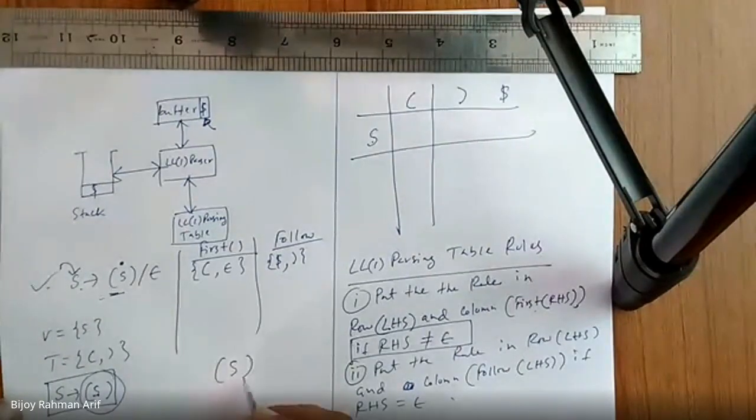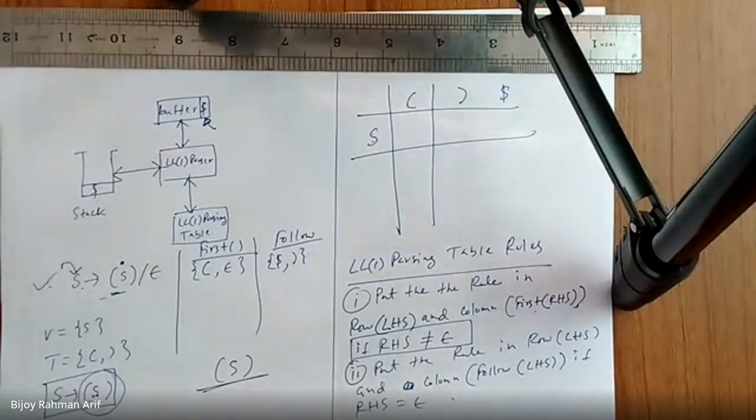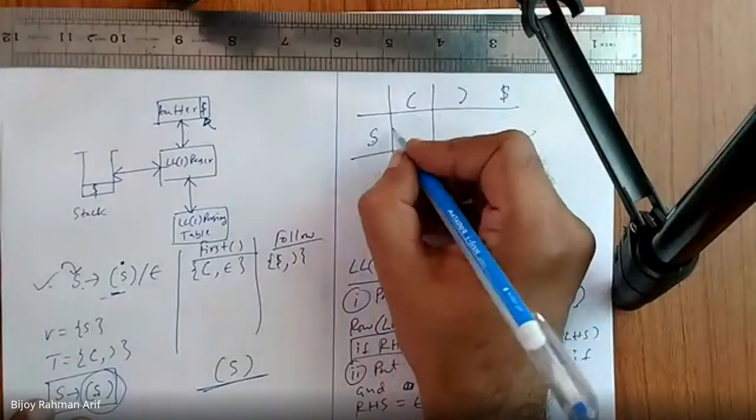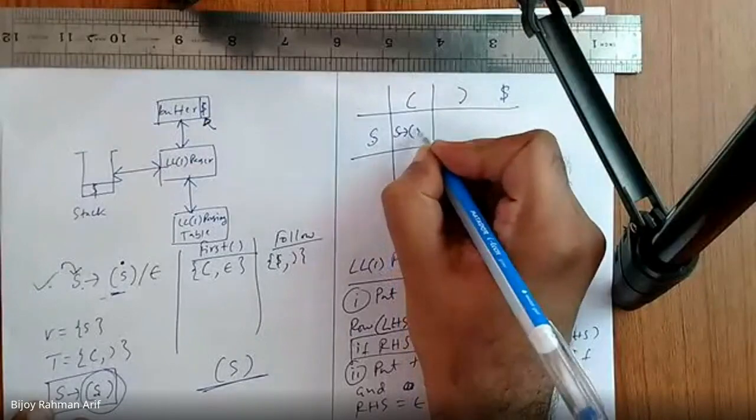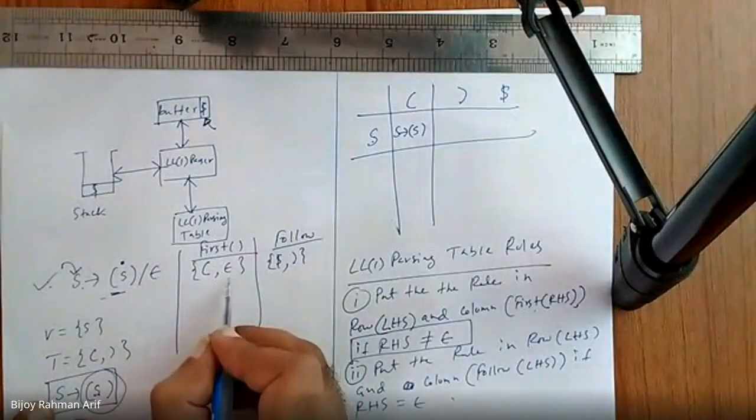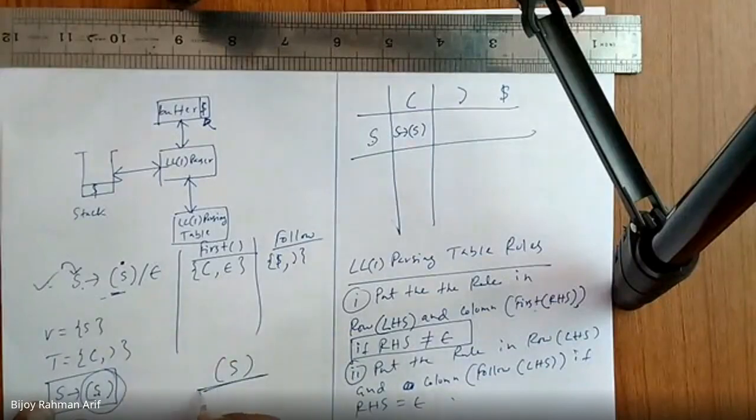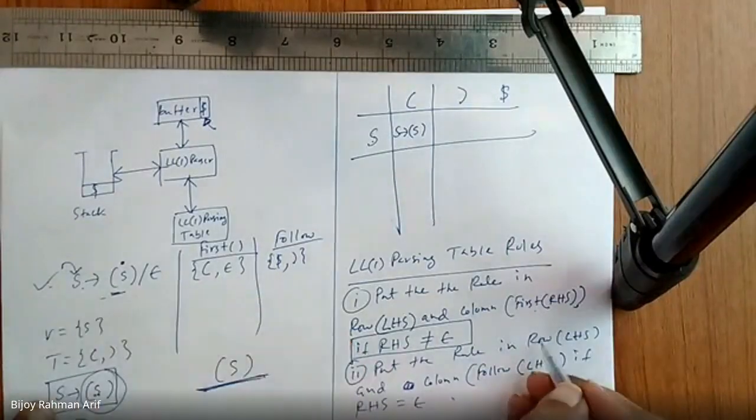So I should put this one in here. Please don't put it in the epsilon column as well, because it is first of RHS, not first of LHS.